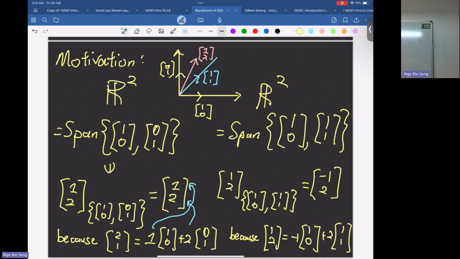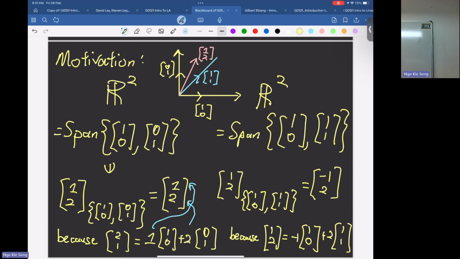So if you change this basis, then your description of your vector will change. You can see that it makes sense, right? Why this vector gets sent to (-1,2)?